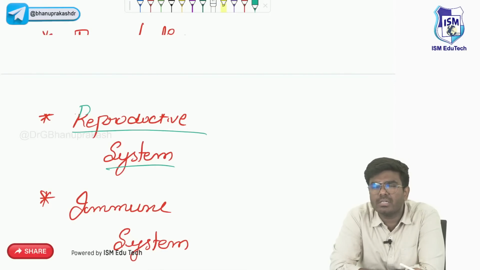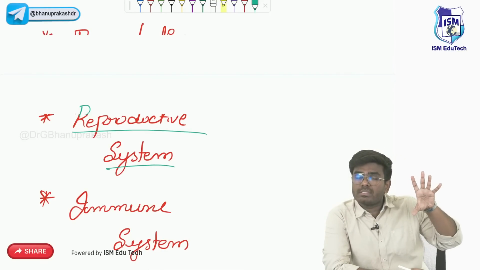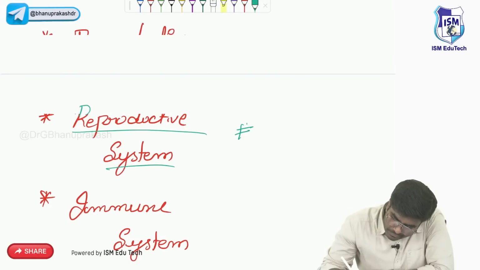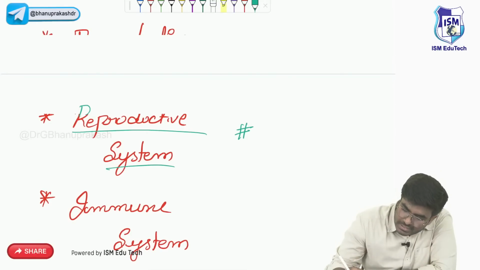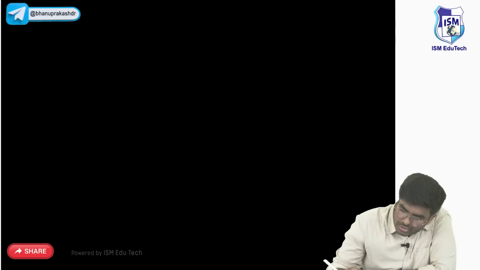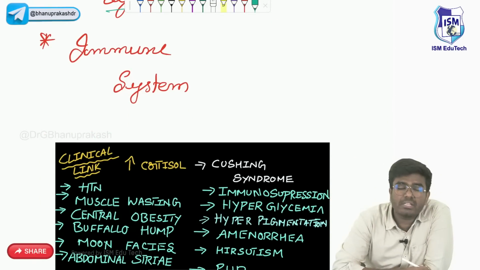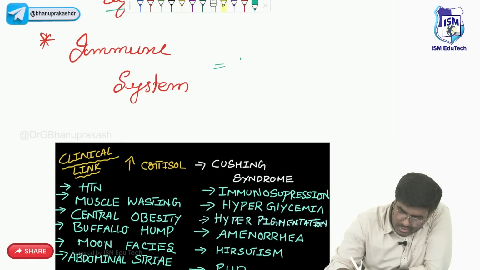So whenever you are in stress, cortisol is released, and this cortisol inhibits the reproductive system, which means FSH levels go down and LH levels go down. Now what is the action of cortisol on the immune system? The immune system is going to go to sleep, that is immunosuppression.